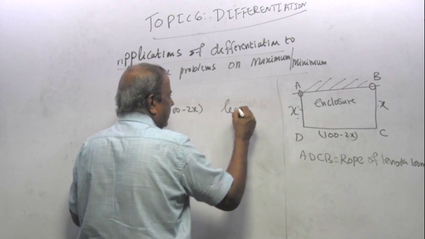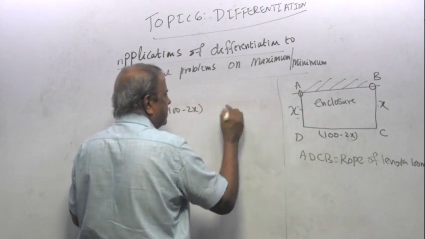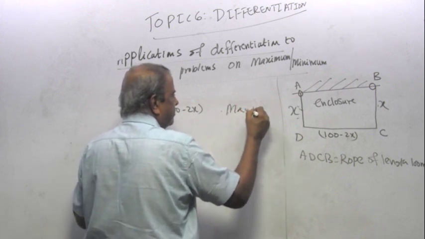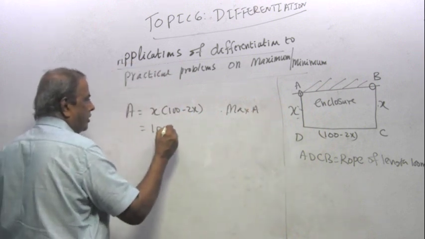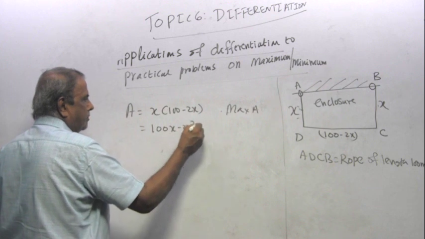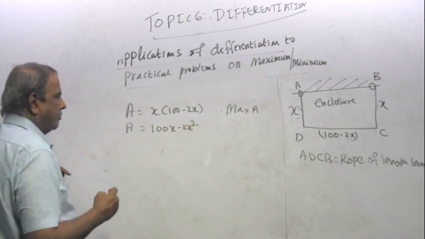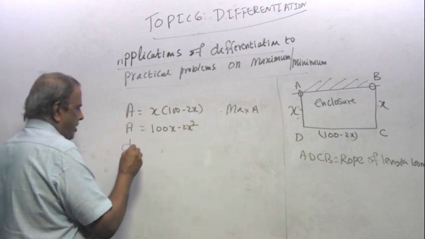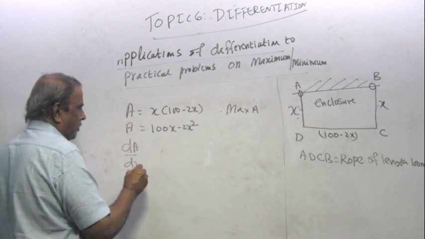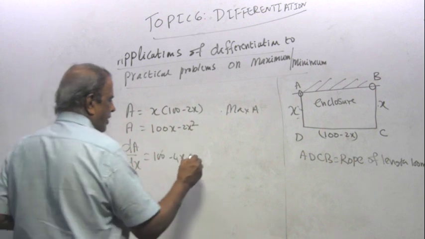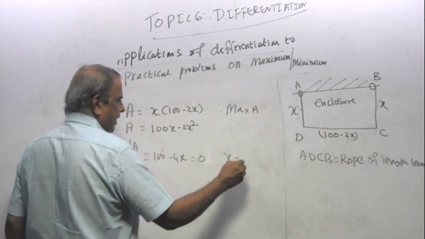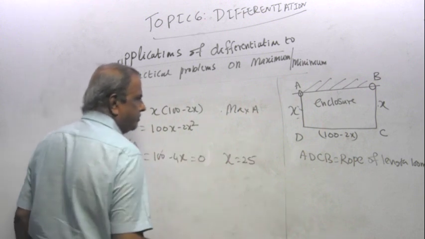And I want to find maximum area. I only have one variable. Please don't use product rule. Differentiate. dA by dx equals 100 minus 4x. Equate it to 0, x equals 25. Yeah?